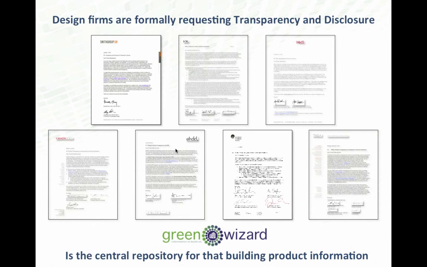Really powerful. A few examples I've got here: Smith Group, HDR, HKF, Canon Design, Perkins & Will, Gensler, all firms that are household names and great customers of ours. Many of them are really taking a stance here, and it's helped tremendously drive the adoption and the knowledge base in the industry at this point.